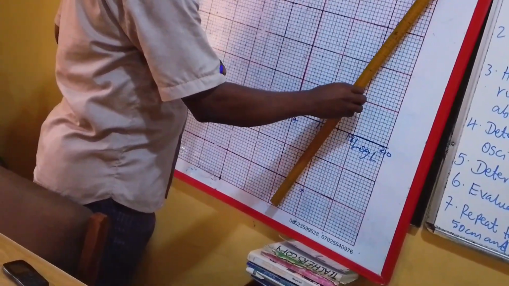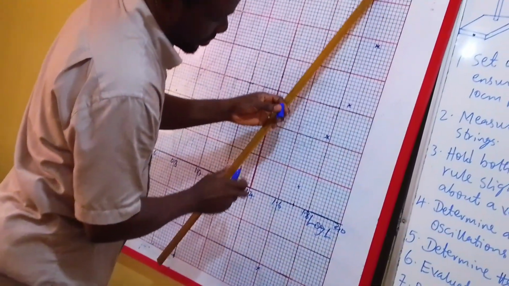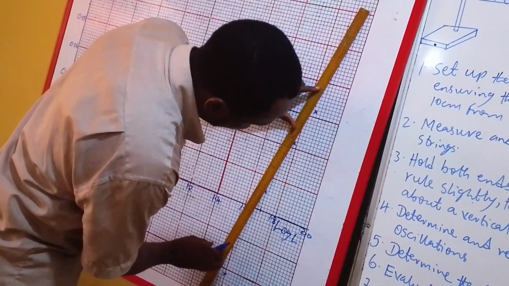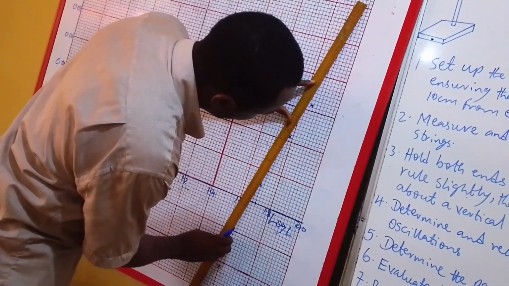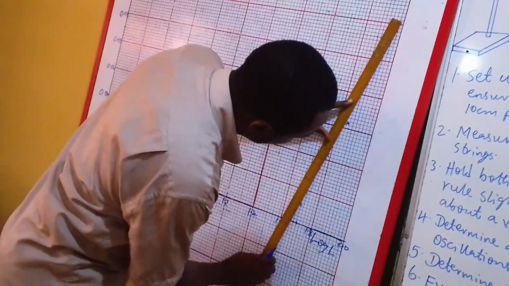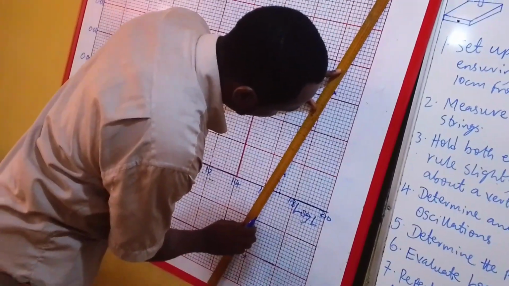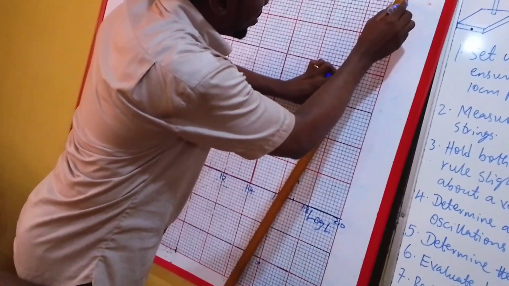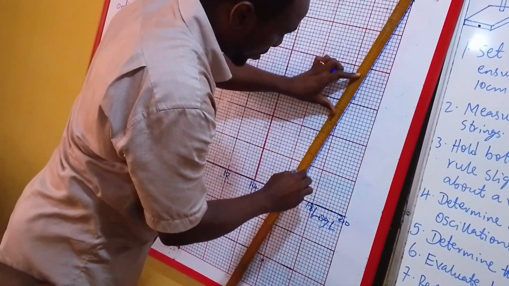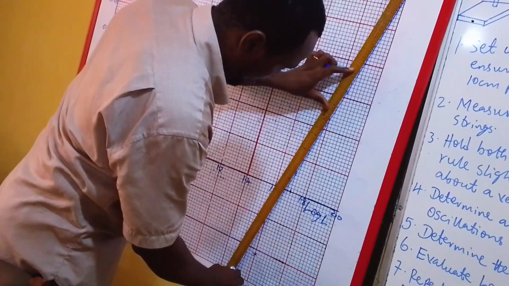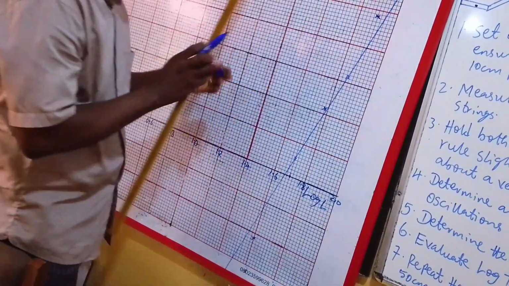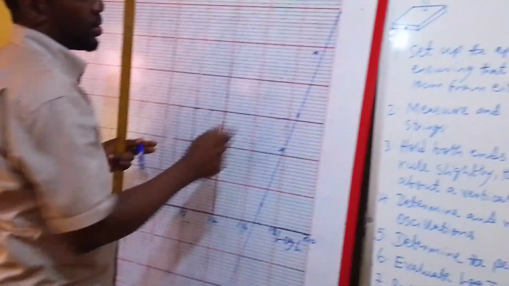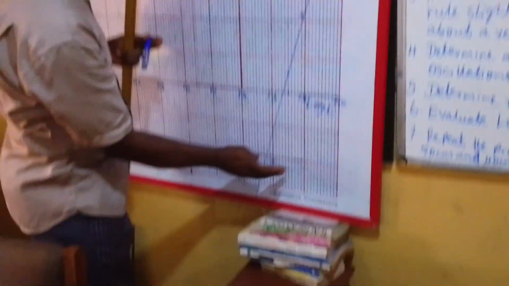But let me try and see what I can get out of this. Okay, let me check these points. Let me check this too. Check whether it will pass through that point. Okay, and you rule. Now you can see this point, this and this did not enter, but 1 and 2 are this side, and this is here.